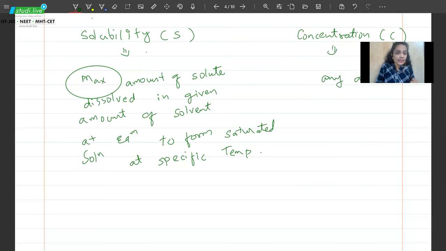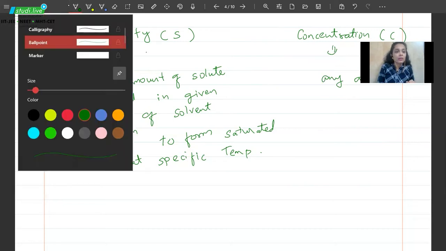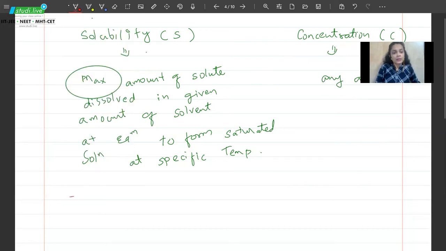Solubility, we can say, is the amount of solute dissolved in a given amount of solution, so given amount of solvent precisely. Solubility is symbolized as S, which is nothing but moles of the amount that is getting dissolved per liter, or you can say per dm³.